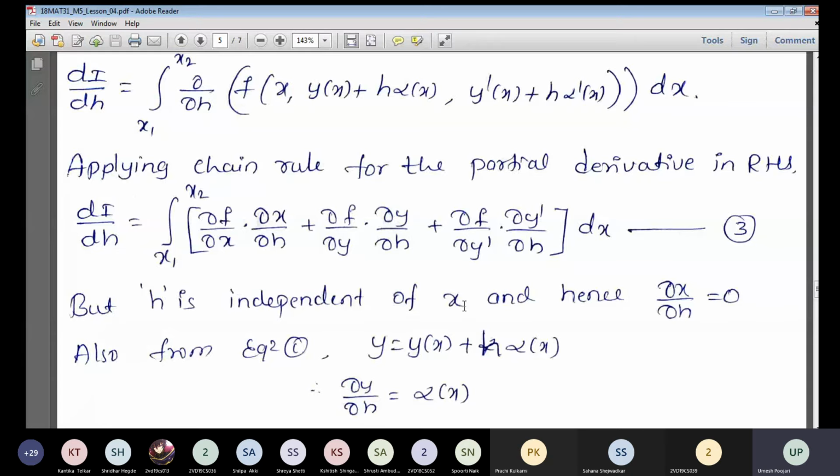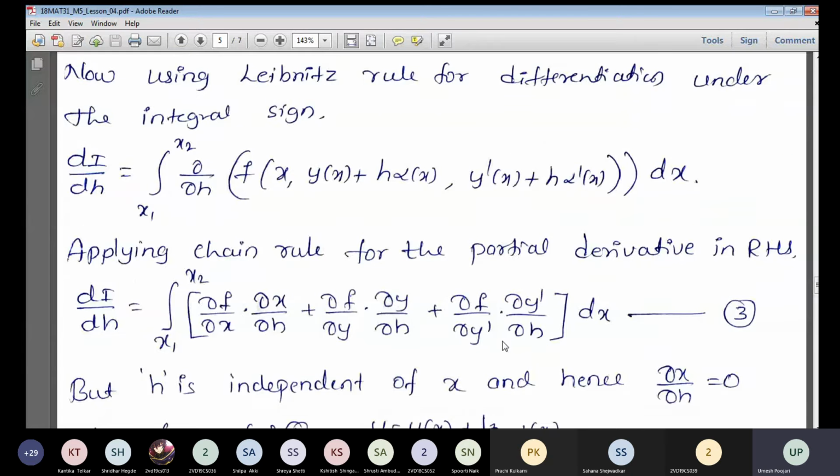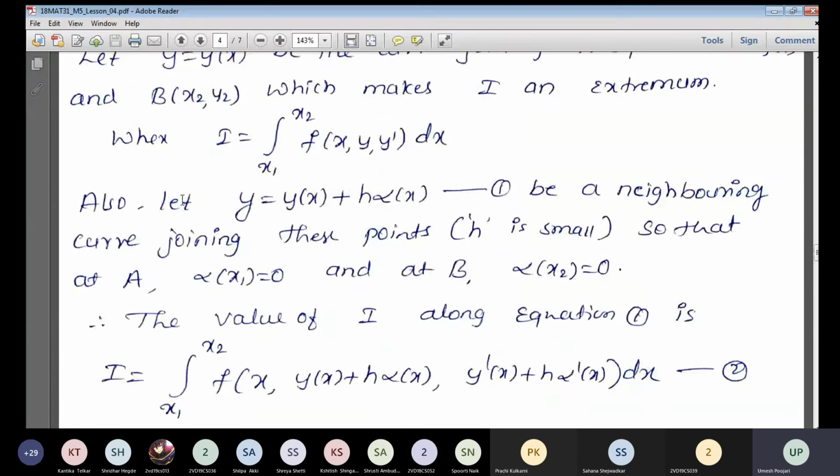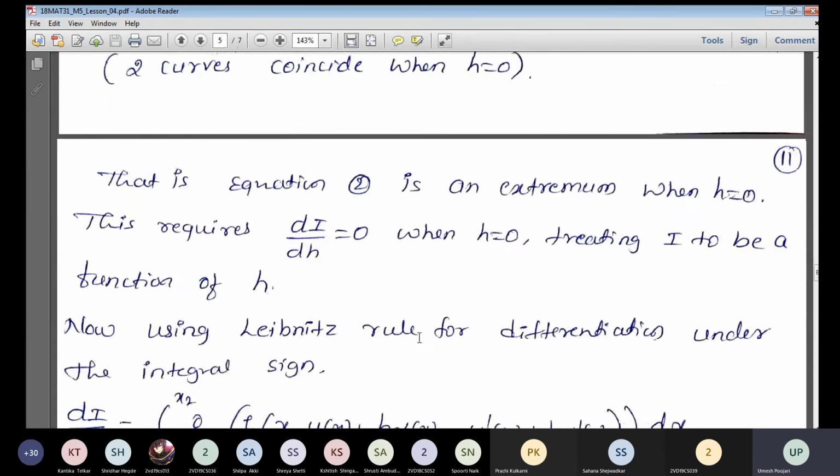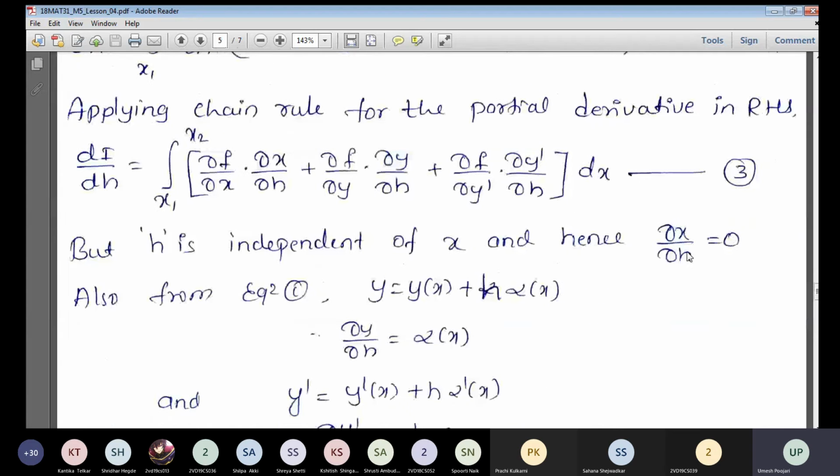Why is h independent of x? Because this h we have taken for which term? y. We have taken y equal to y of x plus h into alpha of x. So this h is related to y, not x. So h is independent of x, and the derivative of x with respect to h will be 0.